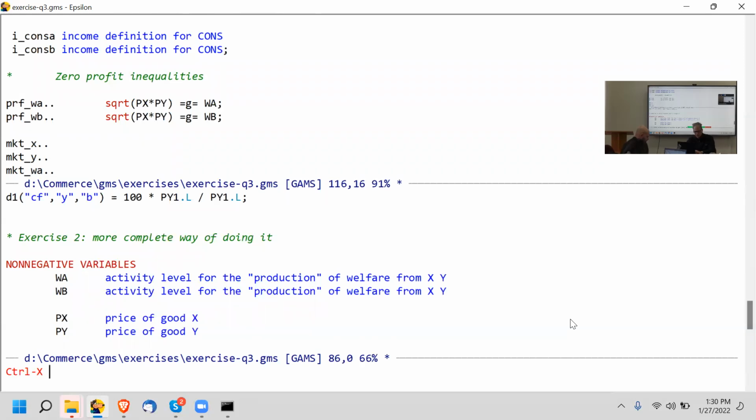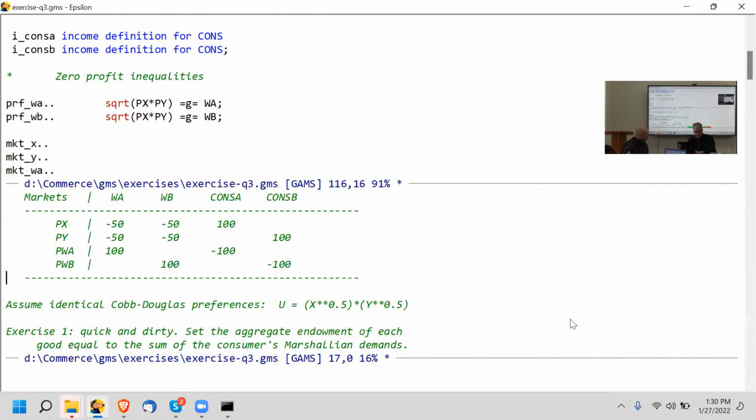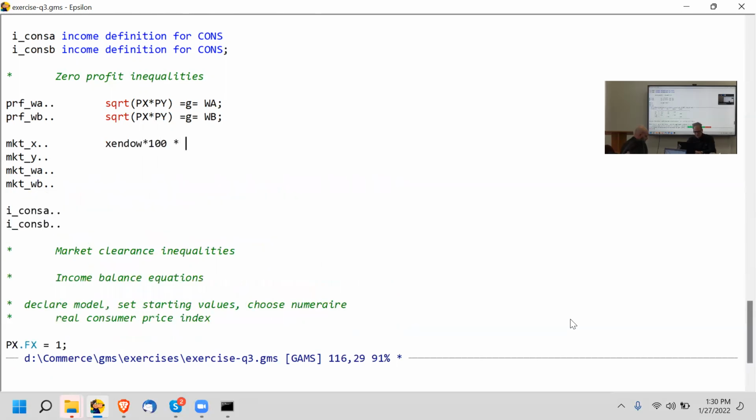the profit of X. Market for X says X endow times 100. It's got to be greater than or equal to cons A divided by PX. It's going to be 0.5.